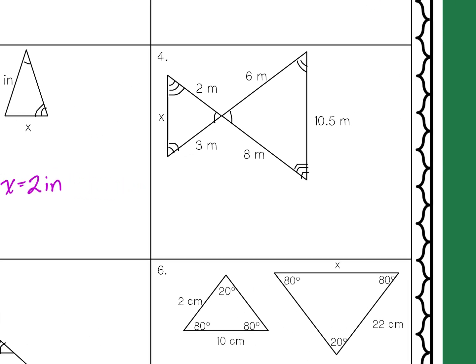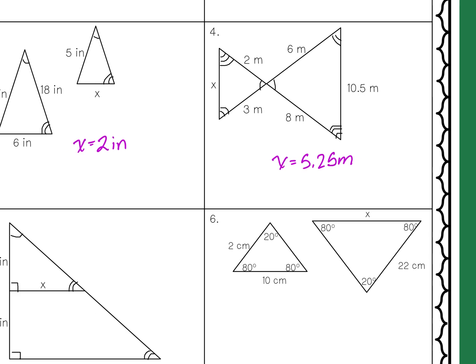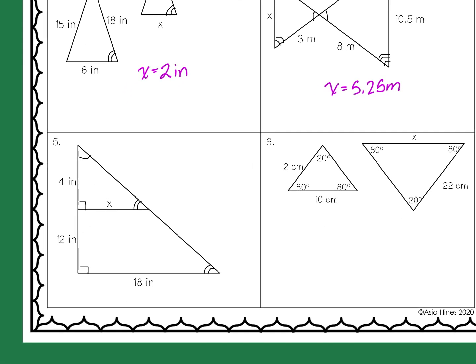Number 4, x equals 5.25 meters. If you guys need me to do any of them, just speak up and let me know or type it in the chat box. Number 5 is x equals 4.5 inches. And number 6 is x equals 110 centimeters.